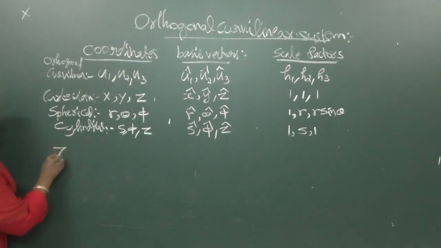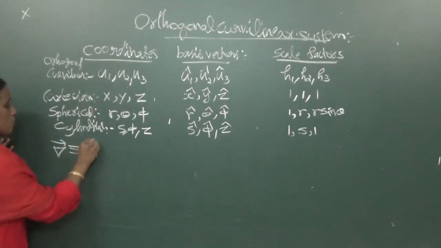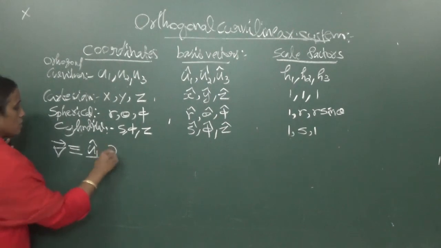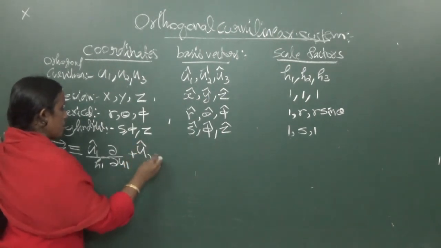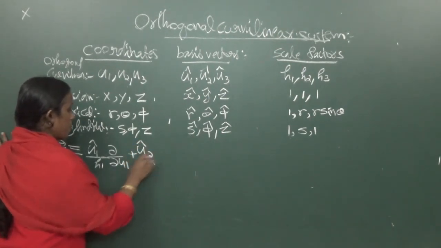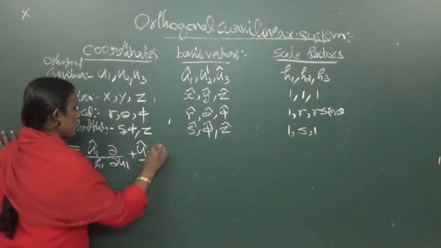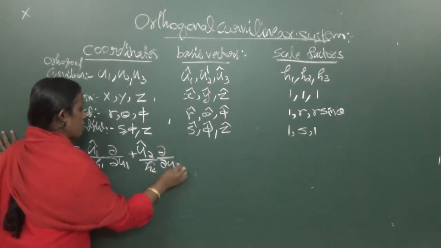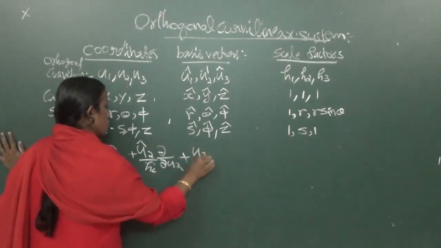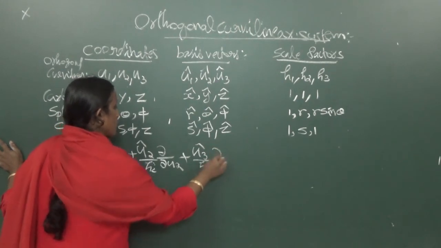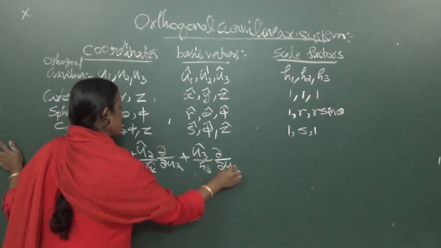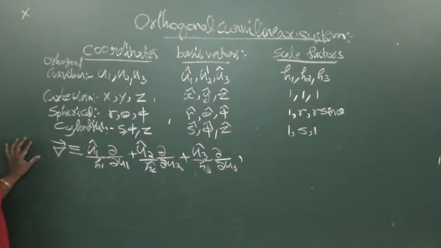That means the gradient operator in this system is u1 cap by h1 dou by dou u1 plus u2 cap by h2 dou by dou u2 plus u3 cap by h3 dou by dou u3. This is the gradient operator.